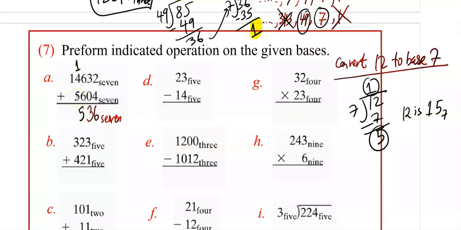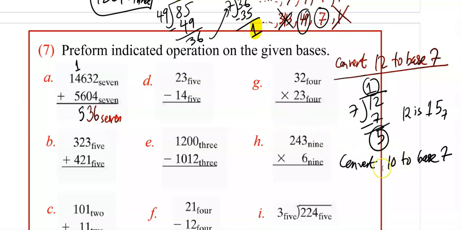Now next step, you add 5 plus 4 and 1. 5 plus 4 is 9, plus 1 is 10. Again, 10 is bigger than 7, and you have to do the same thing. You convert 10 to base 7. How do you do that?